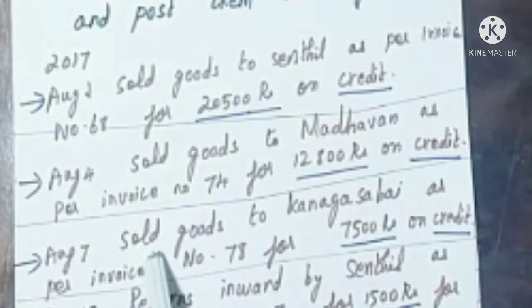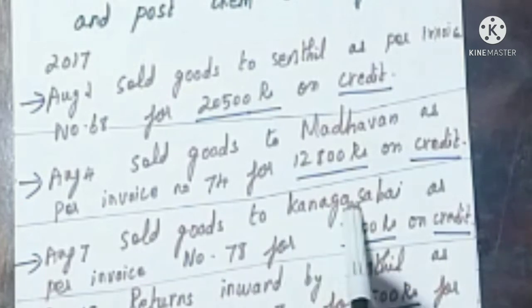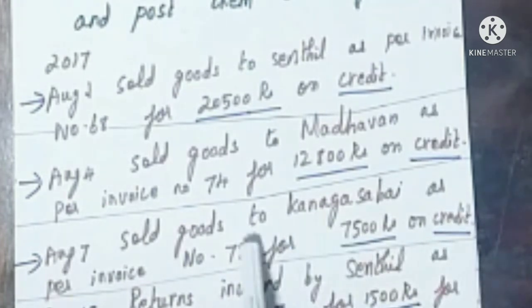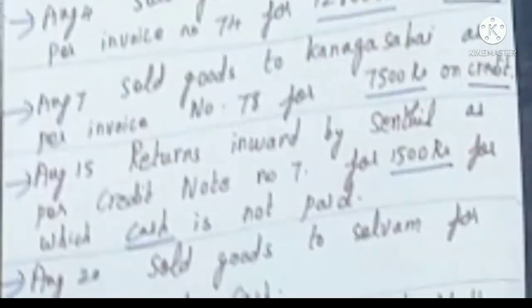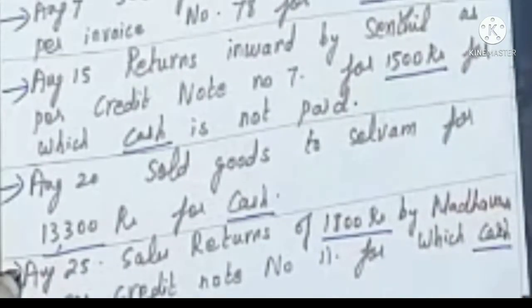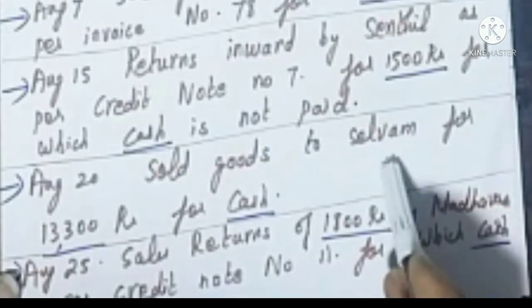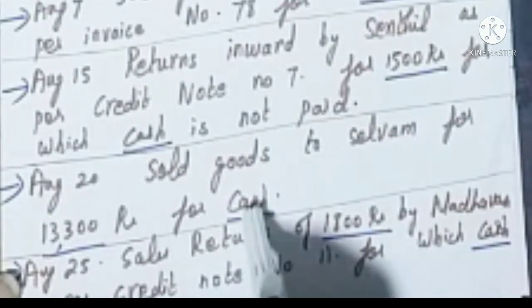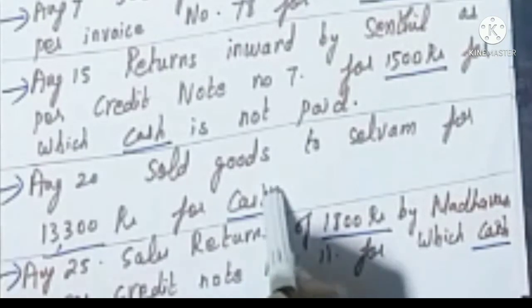Next one is sold goods to Kanagasabai on credit for rupees 7,500. It is also a sale transaction, so it will be recorded in sales book. Sold goods to Selvam for cash is not recorded in sales book.